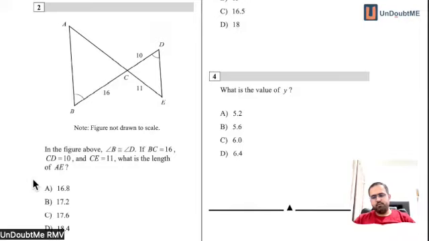So aren't BC and CD, can't you find the ratio with that? Yeah, we can find the ratio, and then we can apply the same ratio in that.